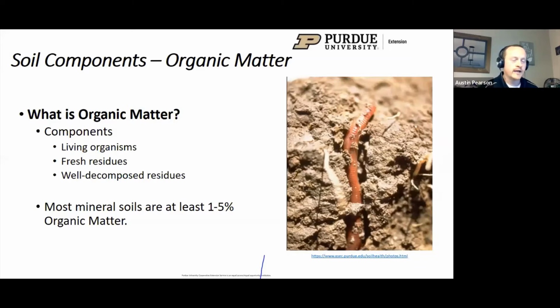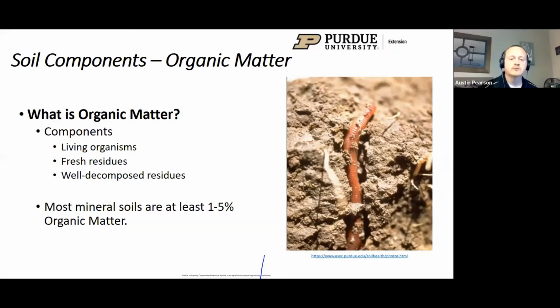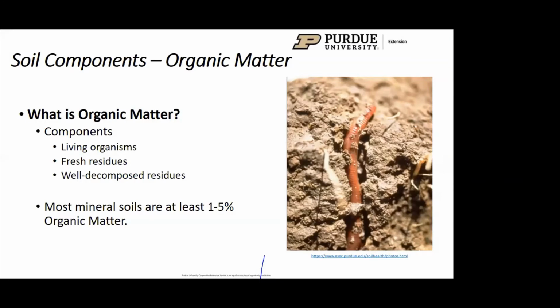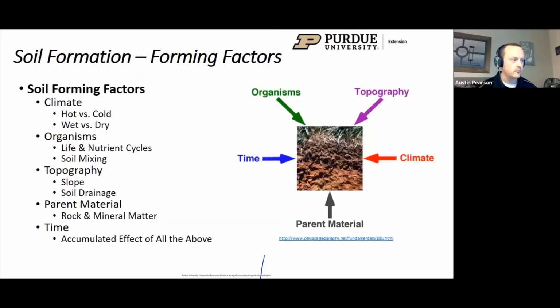So really what organic matter does is it acts like a sponge and helps you maintain soil nutrients. And so that helps promote healthy organisms within the soil and helps provide those essential nutrients to your plants that you need to grow. So we'll go ahead and step forward here.